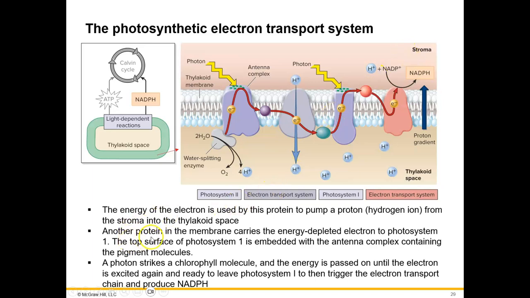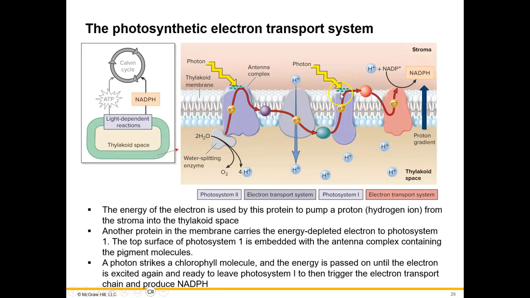Another protein in the membrane will carry the energy depleted electron. So here, these lows are kind of indicating how it's becoming the lower energy electron as it's traveling along. It carries the energy depleted electron to photosystem 1. The top surface of photosystem 1 here is embedded with that antenna complex containing the pigment molecules.